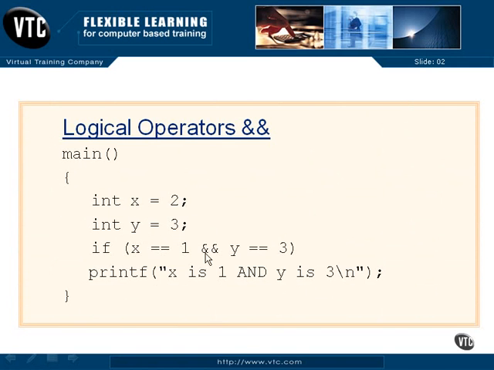C understands that you're using an and, 2 ampersands together, and that both of these have to be true for the whole statement to be true. So since this has already failed, this statement will quit early and will drop right down here, and we will never evaluate this right side over here. So you're going to see later how you can modify things while you evaluate them.